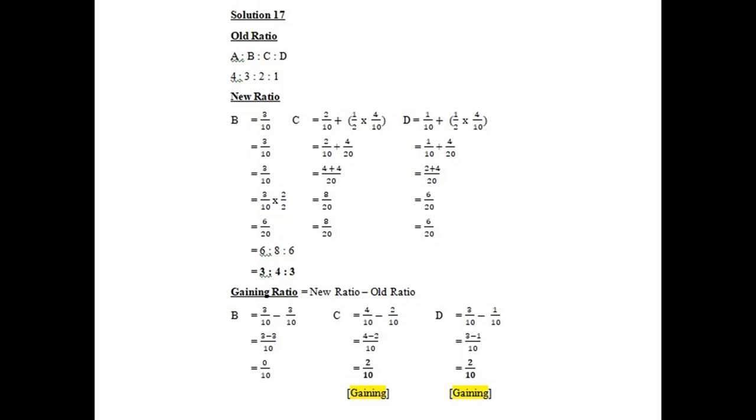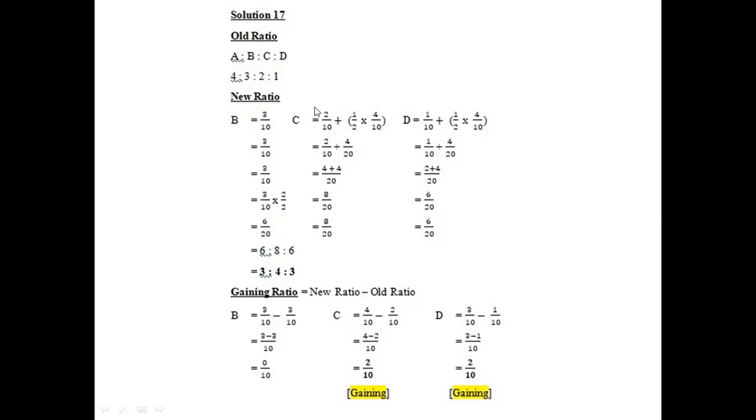A is retiring, so A's share is 4 by 10. I think you have understood the concept here. Find the sum of the ratio: 4 plus 3 plus 2 plus 1 equals 10. So A will be 4 by 10, B 3 by 10, C 2 by 10, D 1 by 10.